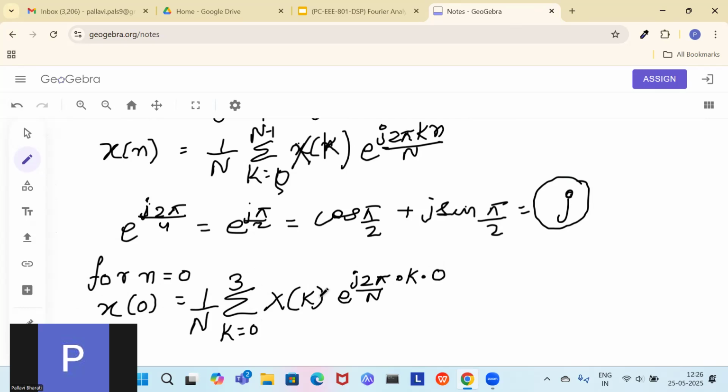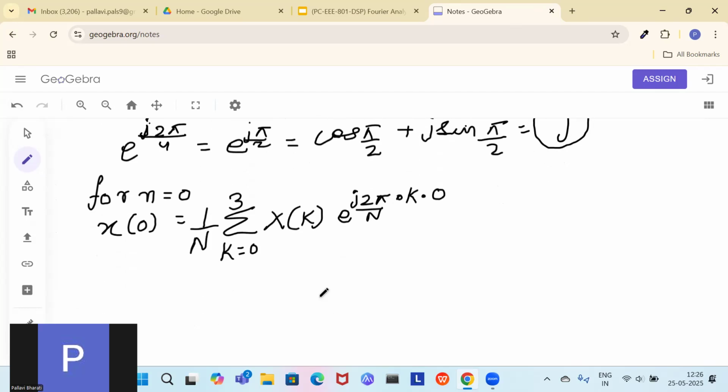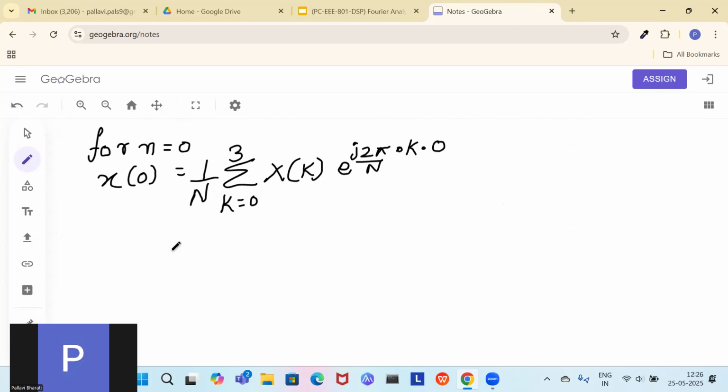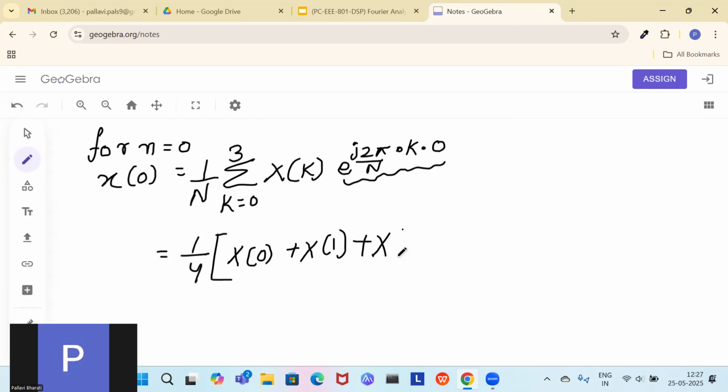So for whatever values you take, now first one I am explaining completely. Whatever values of k you take, the n is going to be 0, and hence this full thing over here is going to become 1. So basically only the value of k is going to change: x0, x1, x2, x3.